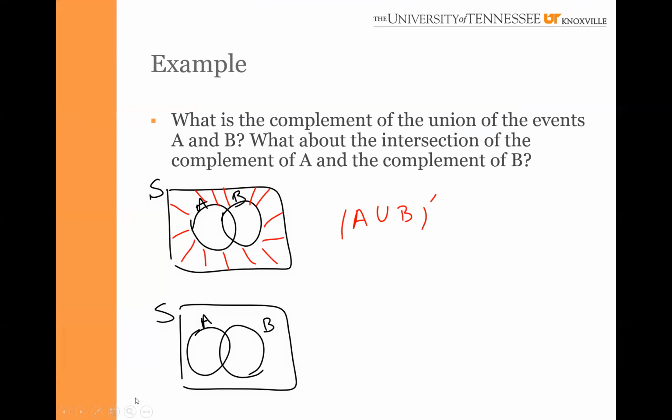All right. What about the second one? Intersection of the complement of A and the complement of B. There is that. So complement of A, complement of B, what am I interested in?